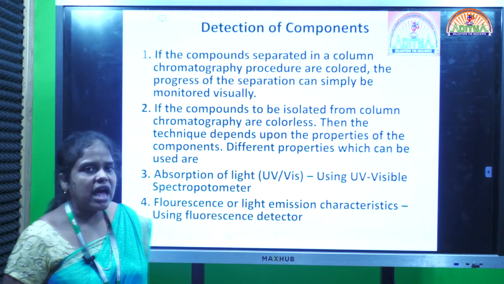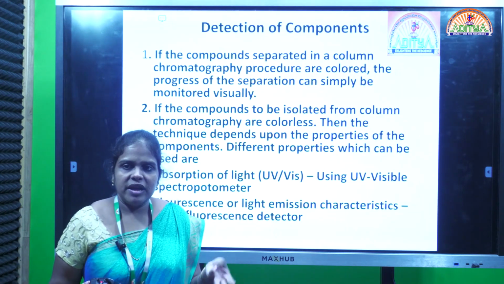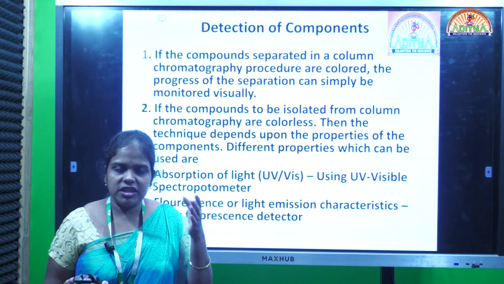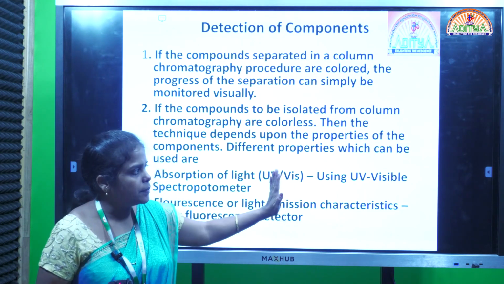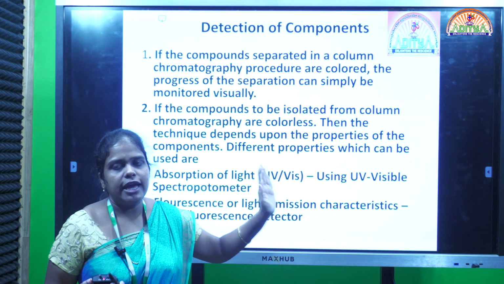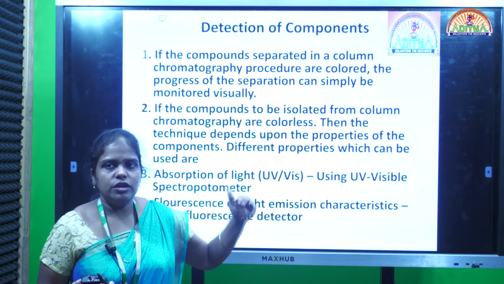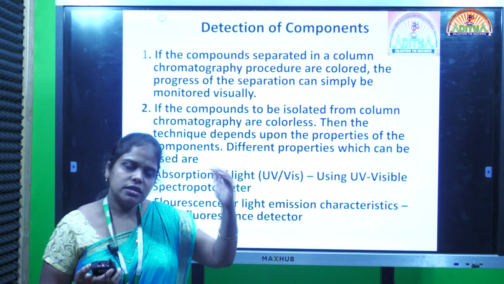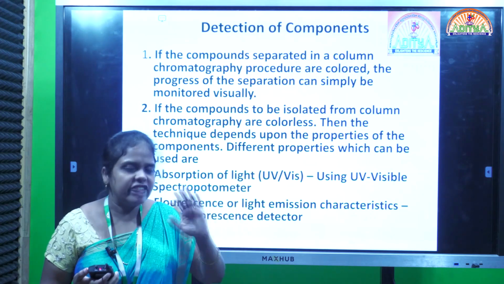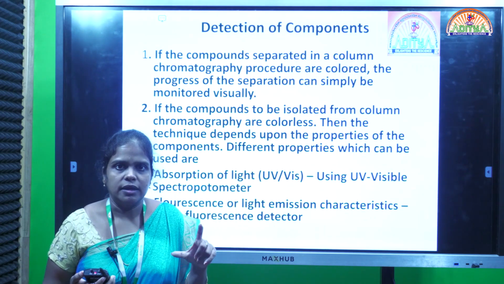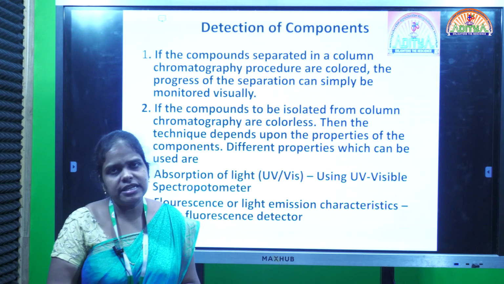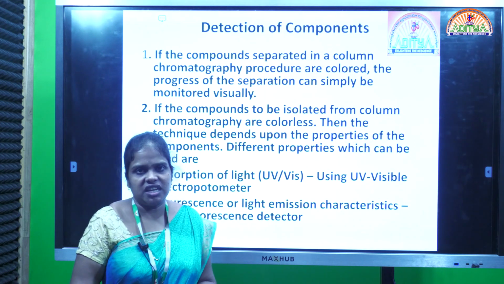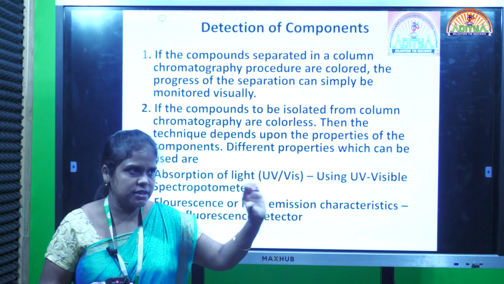Coming to detection: after all these things, with the mobile phase, stationary phase and column kept aside for elution, and after the components are separated very efficiently, you have to detect them. For example, if the component is colored, it will give color bands.